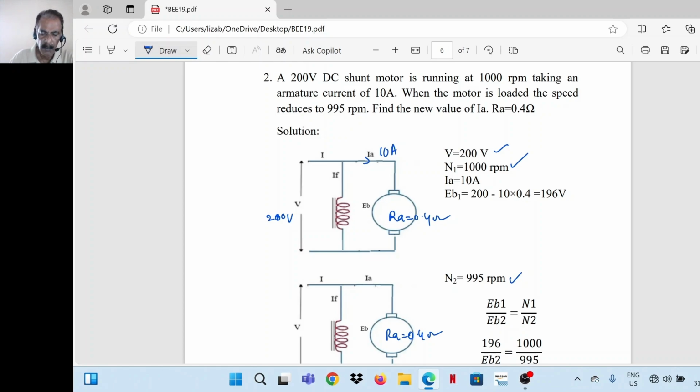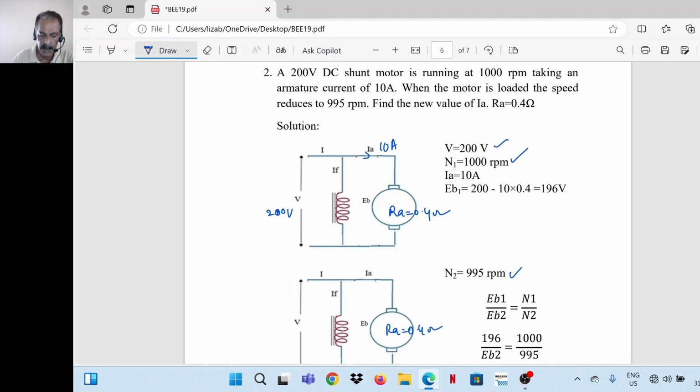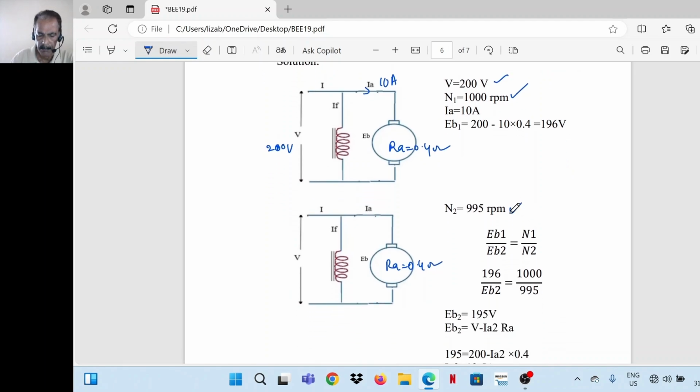So a 200 volt DC shunt motor runs at 1000 rpm taking an armature current of 10 ampere. When the motor is loaded, speed reduces to 995 rpm. Find the new value of armature current. So first we have to find out EB2.